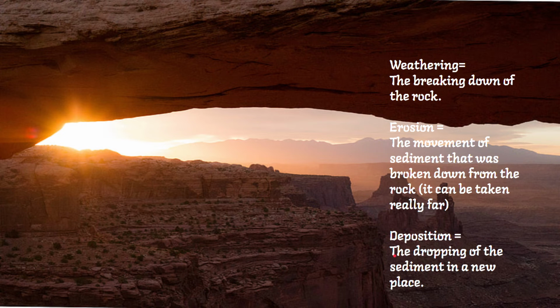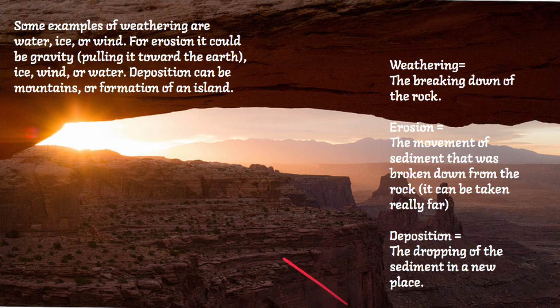And deposition is the dropping of the sediment into a new place. After the rock is done eroding, it stops at a place, and that would be deposition. Some examples of weathering are water, ice, or wind, which can break down the rock.